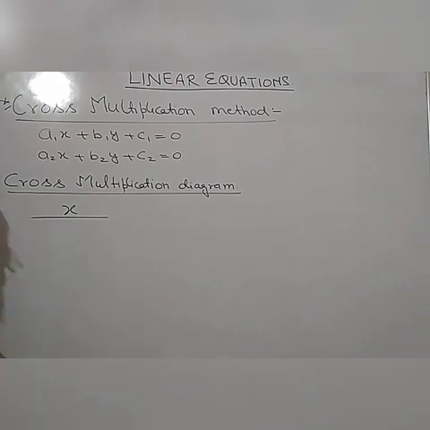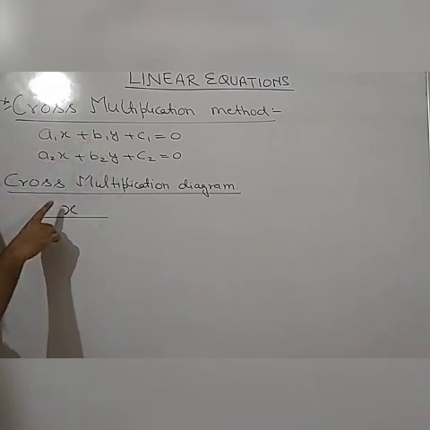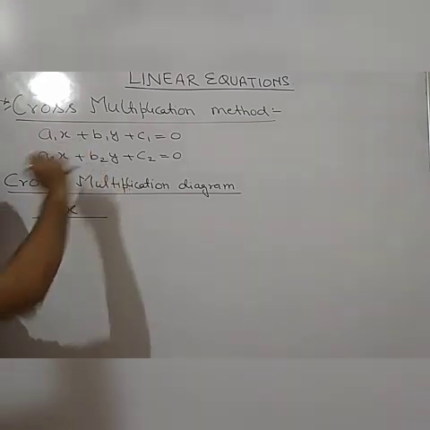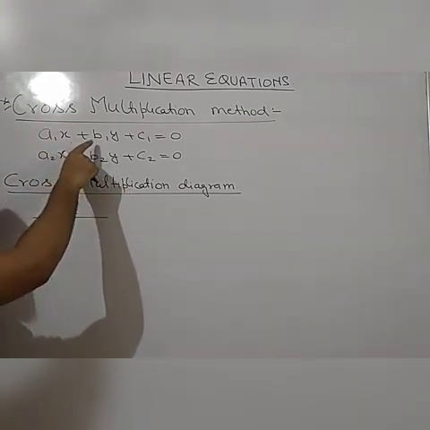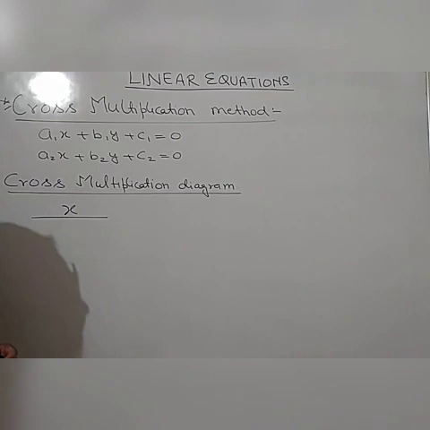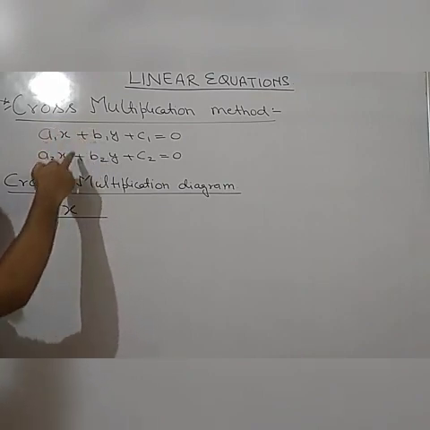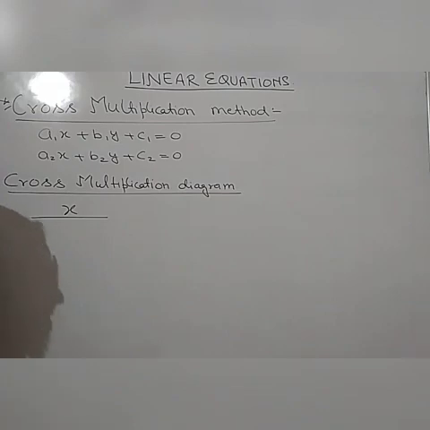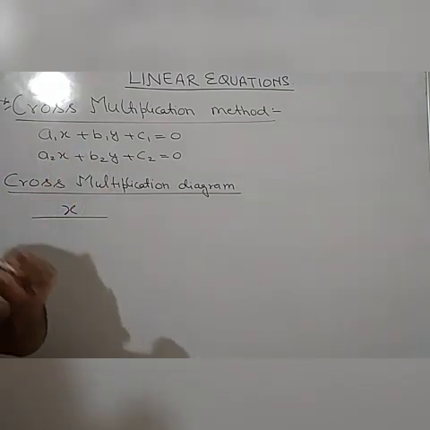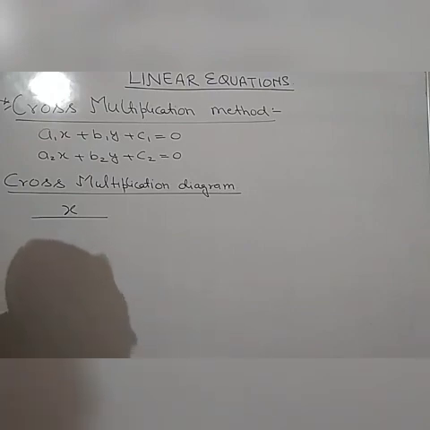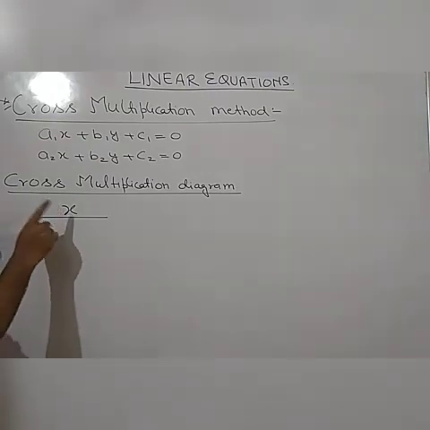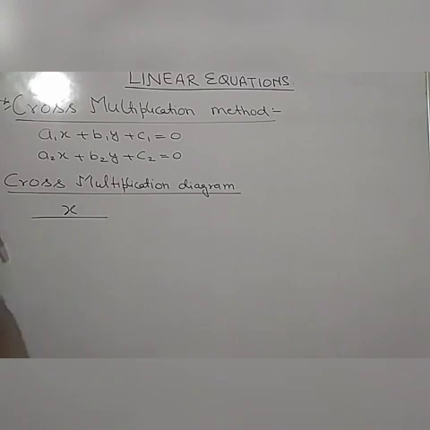Now we will write the coefficients. When we use x, then we will start with the coefficient of y. The coefficient of y with sign. You have to remember the sign also. Here it is a general equation, so the signs are positive only. But whenever you are given an equation, there may be positive or negative, so you will use that particular sign also. Okay, so first we will write x upon.